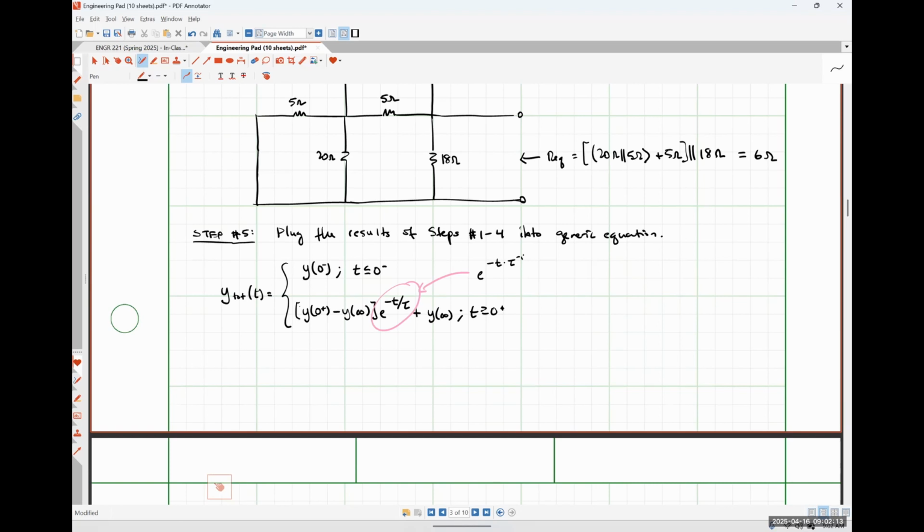So when I flip that guy over, in this case, it's just going to look like e to the -3t, because that's easier for me to write than t divided by 1/3. That's just my personal preference. Mathematically, it's all going to come out in the wash. But I prefer to express e to the -t over tau as e to the -t times the inverse of tau so that it looks prettier. That's literally the entire reason I do it. Okay.